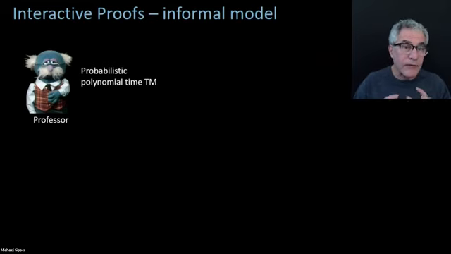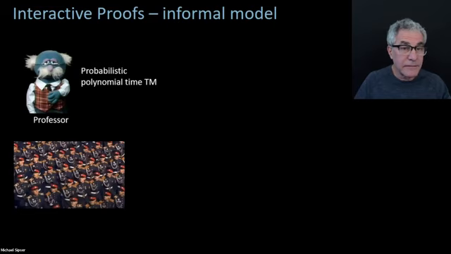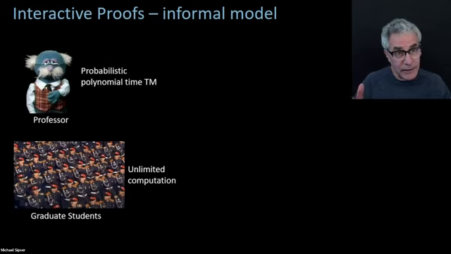However, the professor has help. He has an army of graduate students. And the graduate students are not limited in the same way the professor is. They are young, they are energetic, they can stay up all night, they know how to code. So the graduate students have unlimited computational ability. We're going to think of them as playing the role of the prover, because they're not limited in their capabilities, we'll assume.